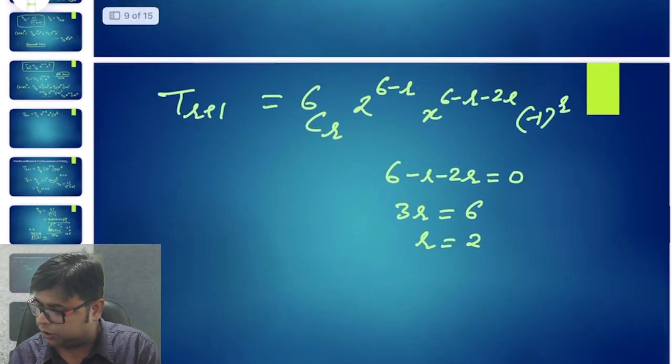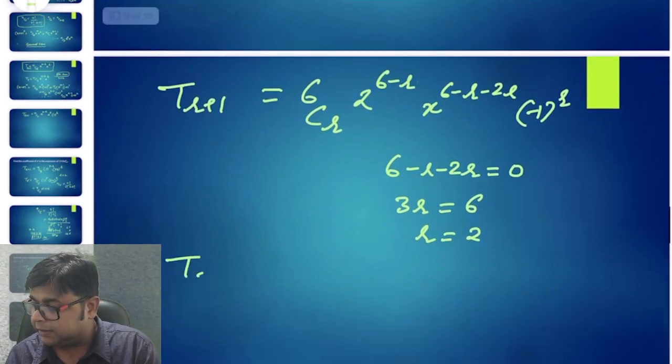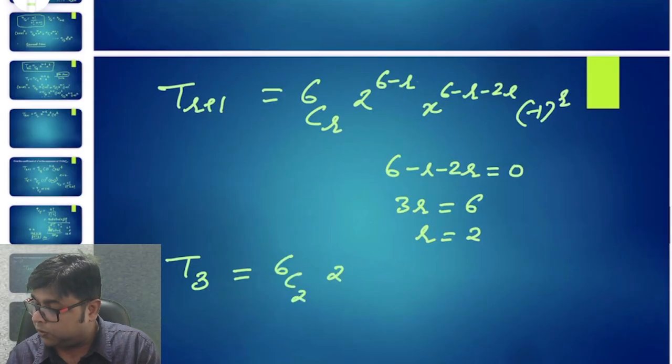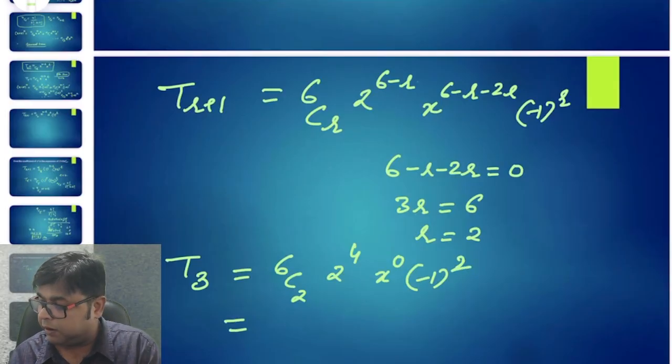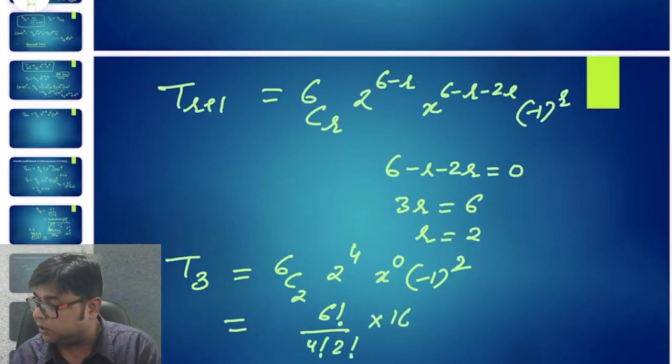So if I put r as 2, I'll get the third term, which will be 6C2, 2 to the power 6 minus 2 is 4, and obviously this will become x to the power 0, and (-1) to the power 2 will give me a positive term. So 6C2 will be 6 factorial upon 4 factorial 2 factorial, 2 to the power 4 will be 16.